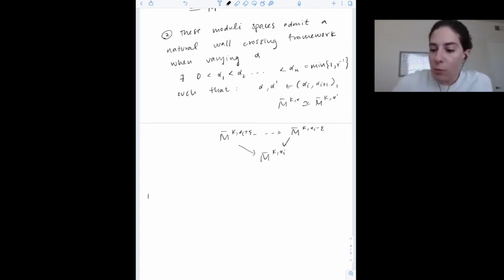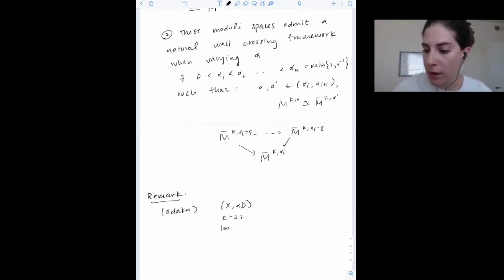So maybe just a general remark before getting to how all of this relates to K3 surfaces. As we vary alpha, the key observation perhaps is that we're getting possibly different pairs. So a theorem of Odaka says that if I have a K semi-stable log Fano pair, then in the world of singularities, or the classic MMP type world, the pair X, alpha D has to be KLT.